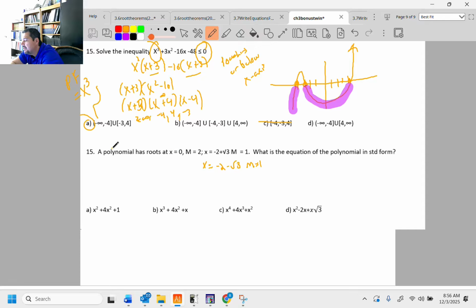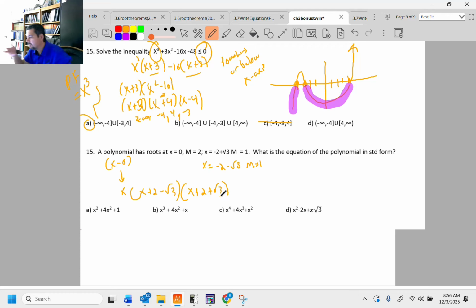If x is a 0, the factor is x minus 0, which is just x. The factor here is x plus 2 minus root 3 because we change signs and they become factors. The other one is x plus 2 plus root 3. And that is the factored form.